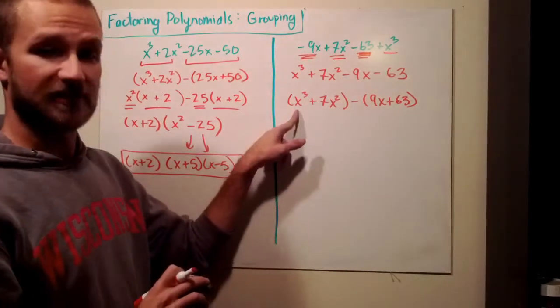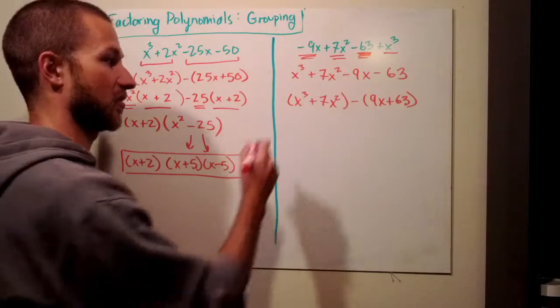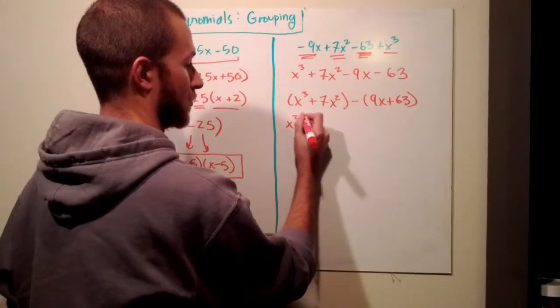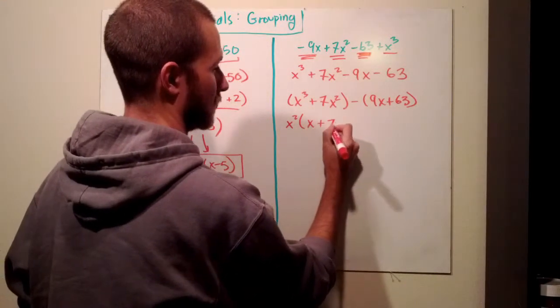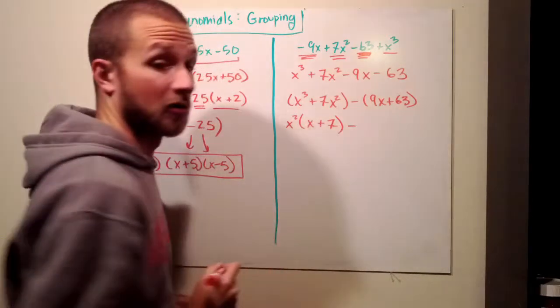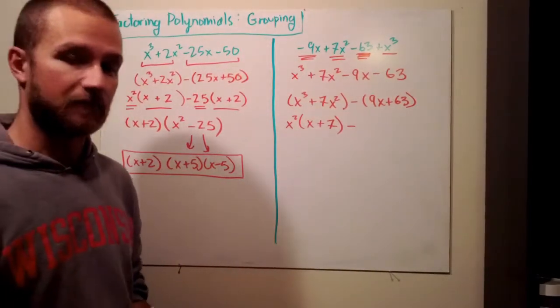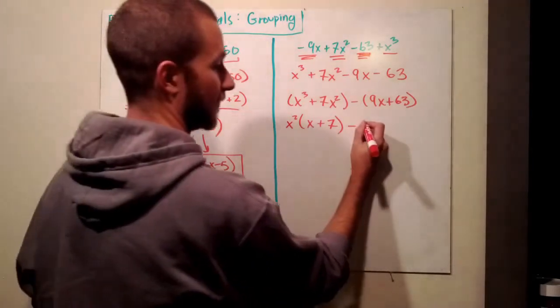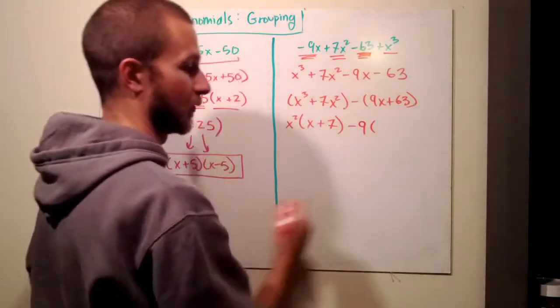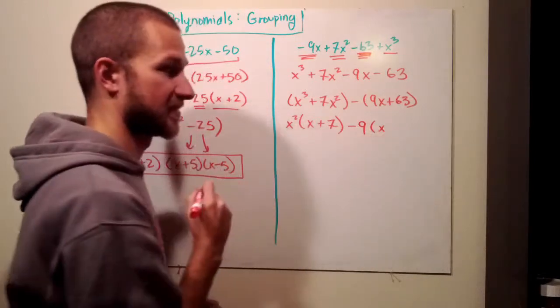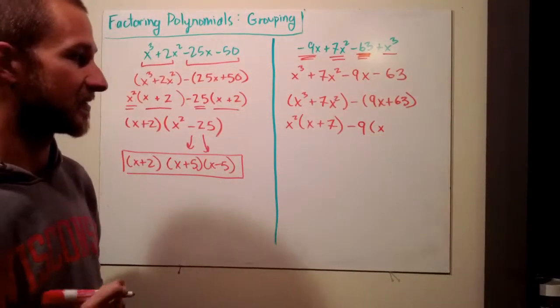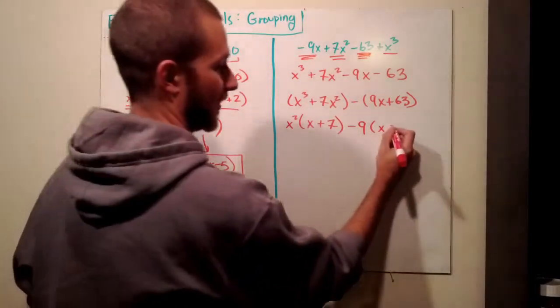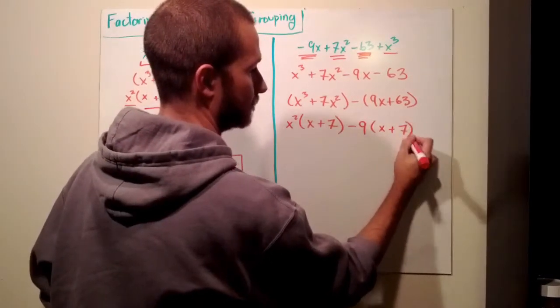So x cubed and 7x squared share x squared. Then I look at 9x and 63. They do not share any x's, but they do share a 9. So I'll factor out a 9. That will leave me with x, and then since 9 times 7 is 63, I have 7 remaining.